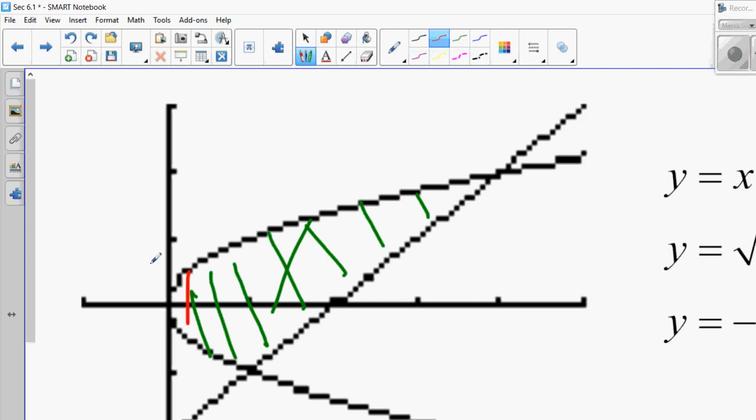Over here, we have an integral between those two curves. Over here, we have an integral here. Over here, we have an integral here. So we need to split this up into multiple parts. So in the next video, we want to look at a way we can do this that's actually much easier than splitting it up into multiple parts.